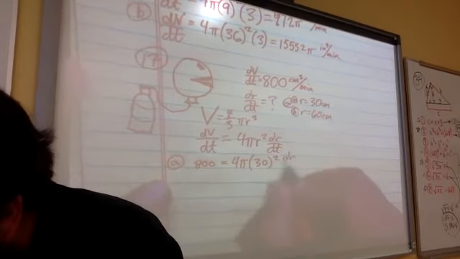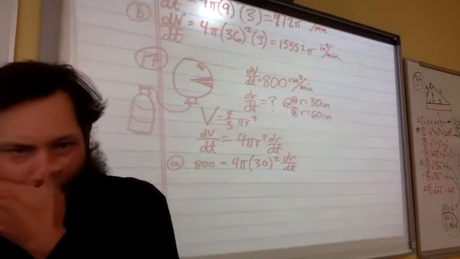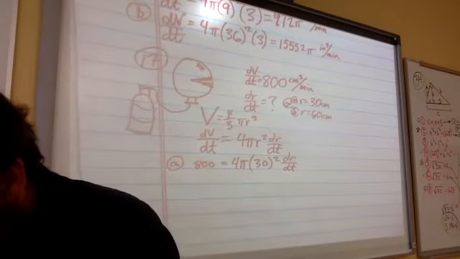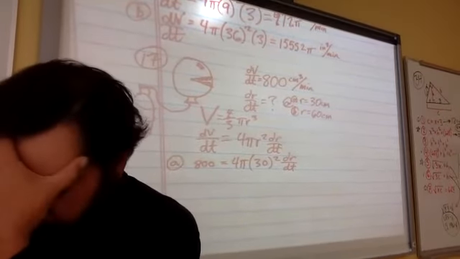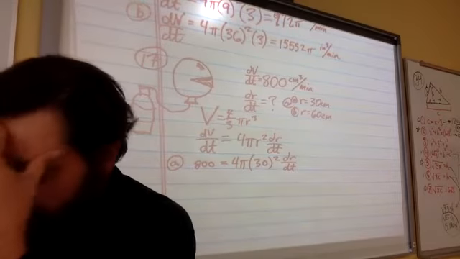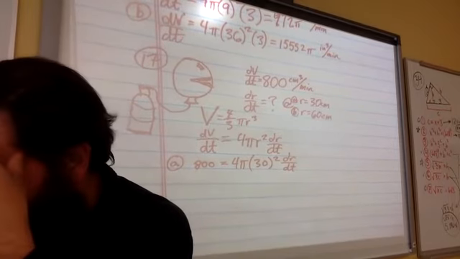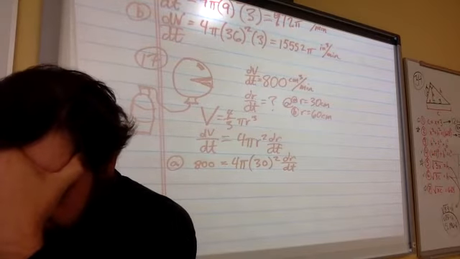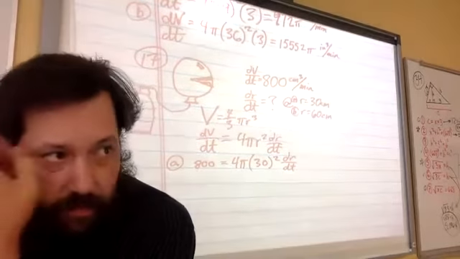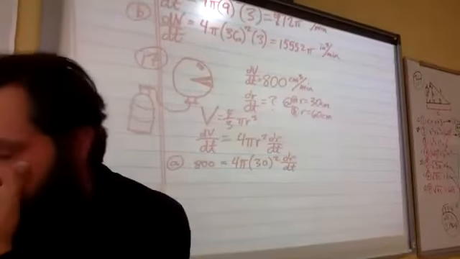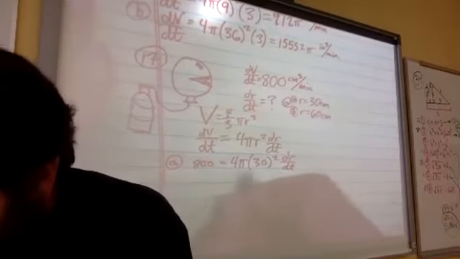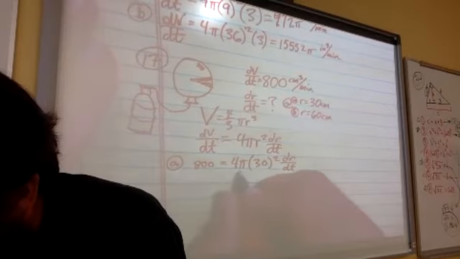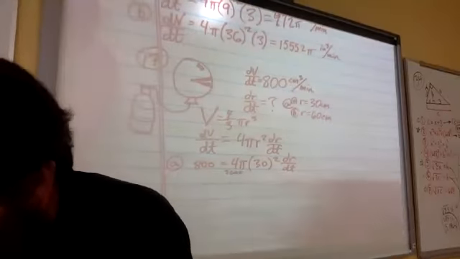We're solving for dr/dt. So this is 4 times 30 squared, that's 900 times 4. That's 3,600 pi, right? Yeah.